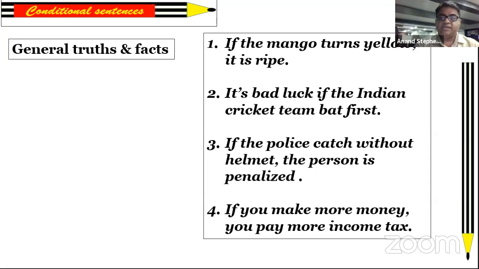Like, if the police catch you without a helmet, the person is penalized. Again, it is a rule. If you make more money, you pay more income tax. That is again a common rule, or some instruction.